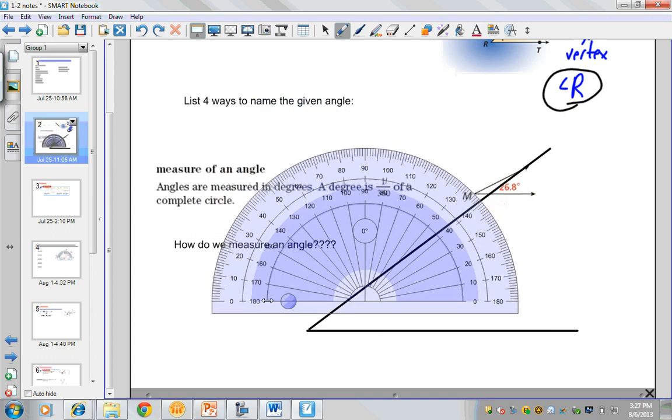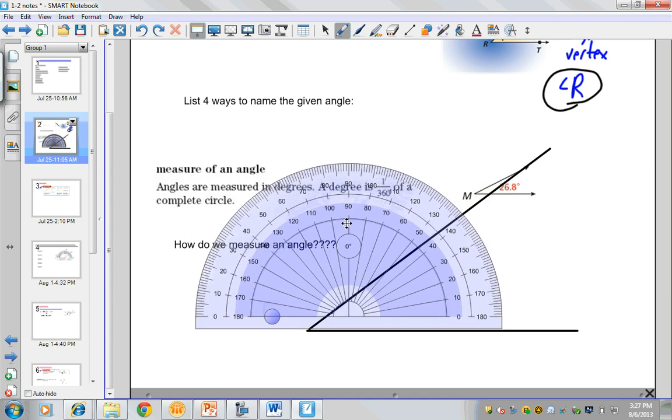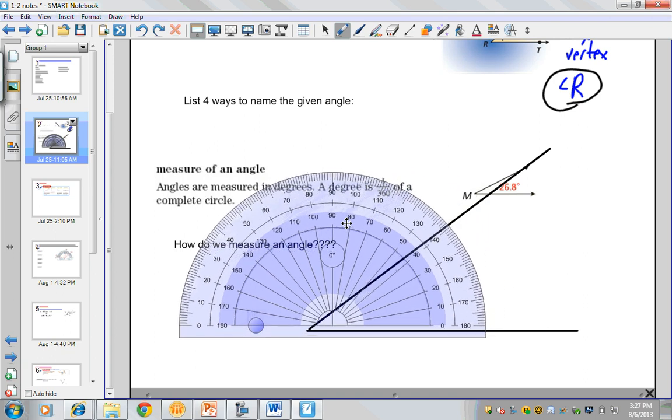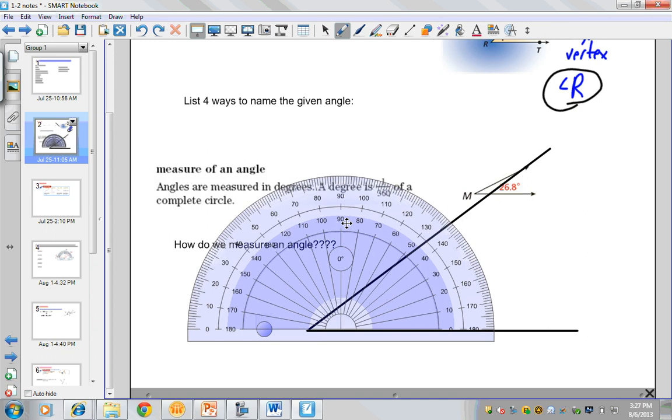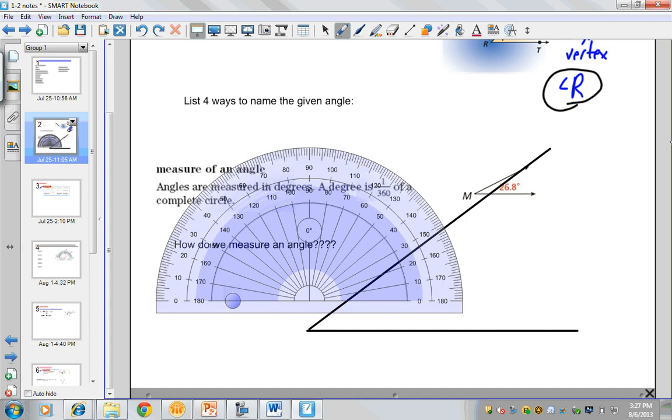Notice the very bottom line that I am going across right now. This line is actually very important when measuring an angle, because what you're going to do is you're going to line up that line with the bottom ray or bottom segment of your angle. And you are going to put the vertex, and if you remember correctly, the vertex is where everything comes together in the corner of the angle, if you will.